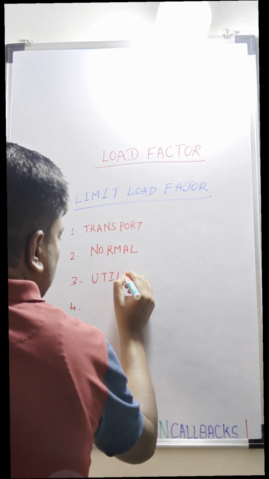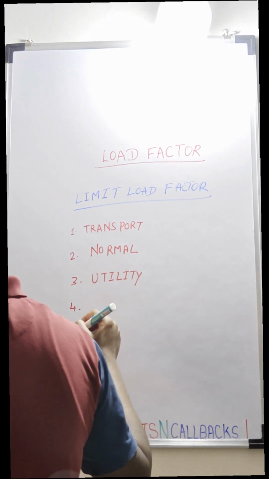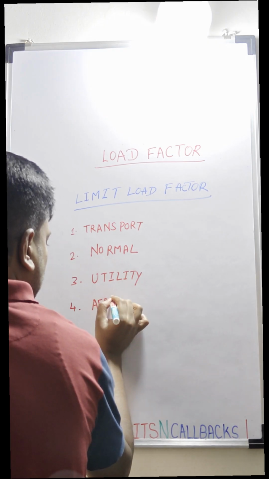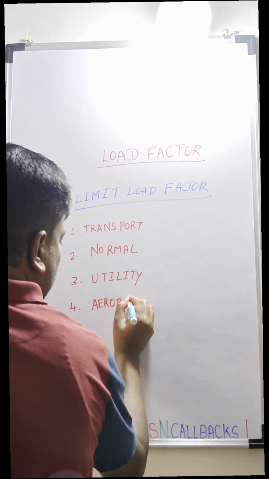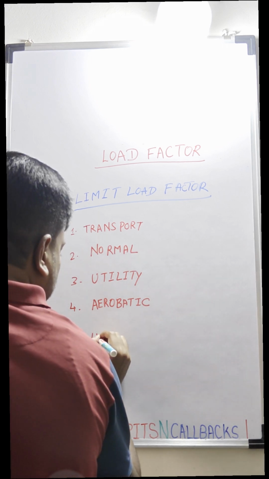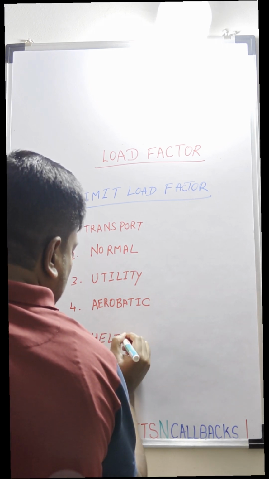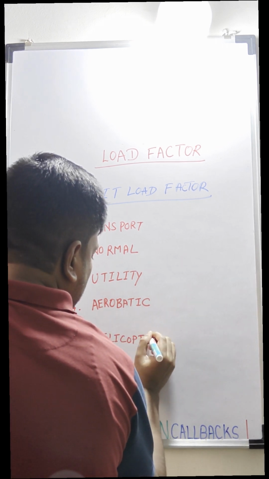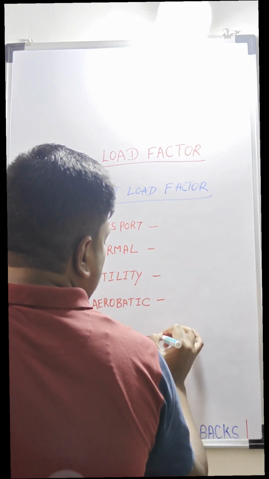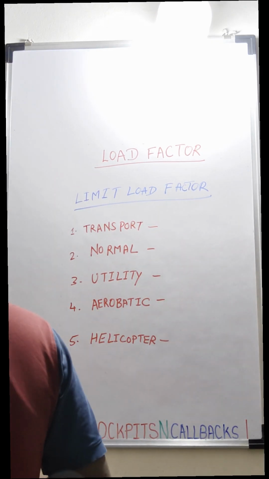Fourth one is aerobatic, and the fifth one is helicopter. Now each one of them will have a lower limit and an upper limit, right?